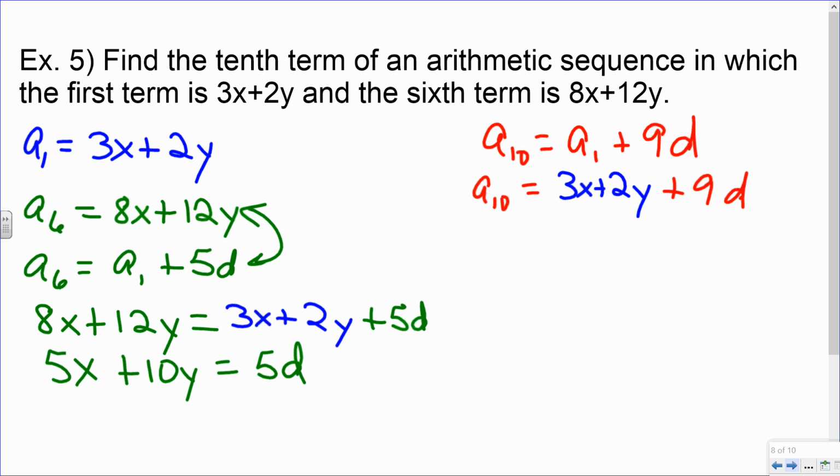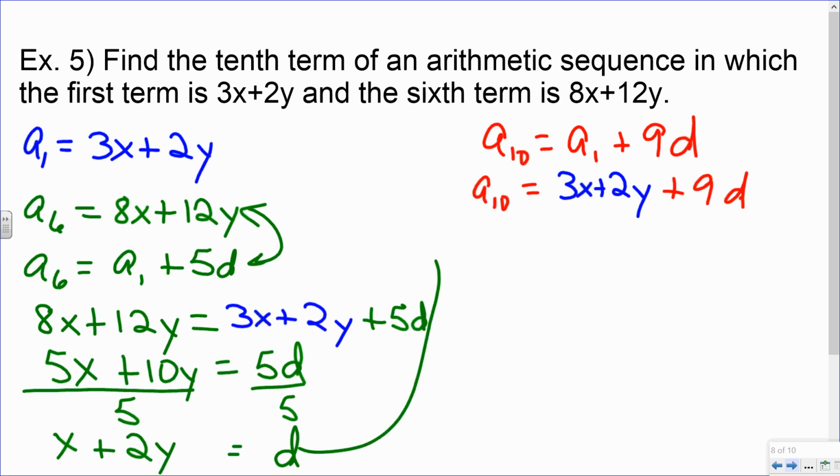Allie, help me out. I want d. I have 5d, so what do I need to do? So divide everything by 5, which means d is how much? So x plus 2y, everybody good with that? So then I can take that and plug that in over here.